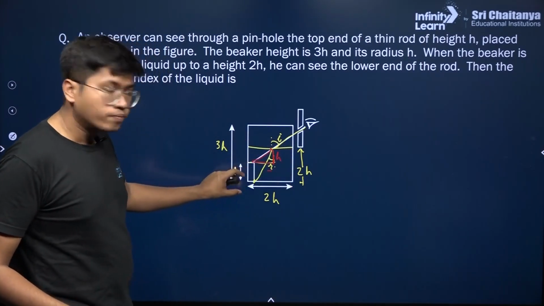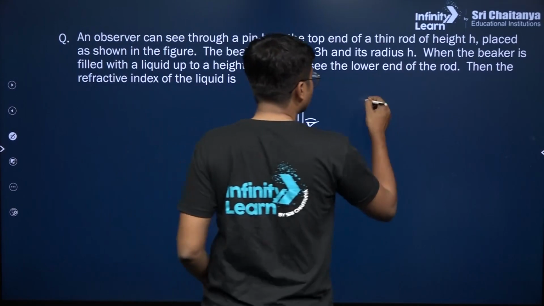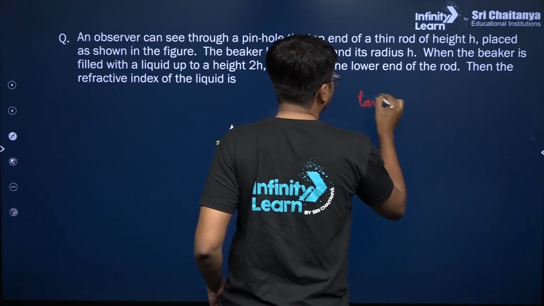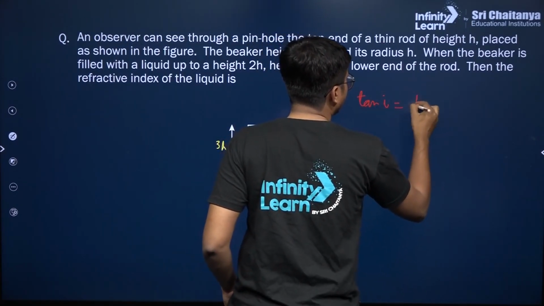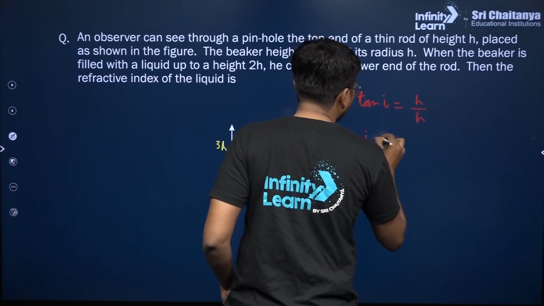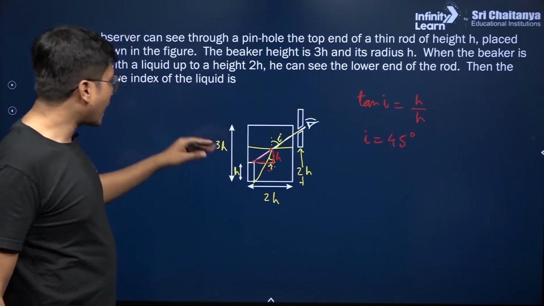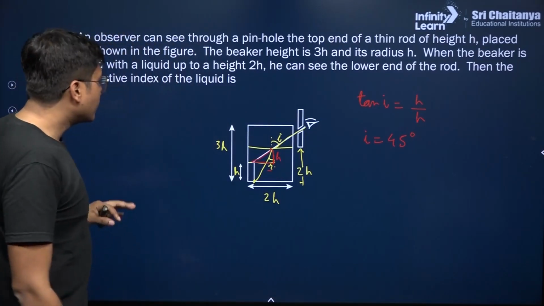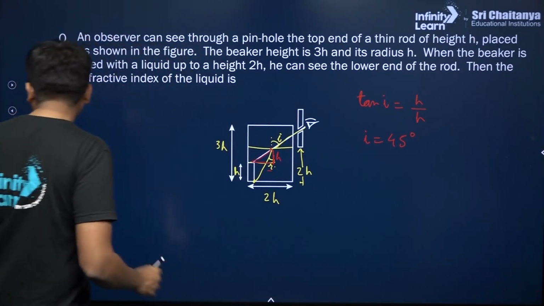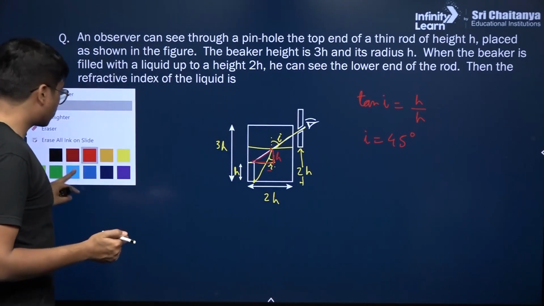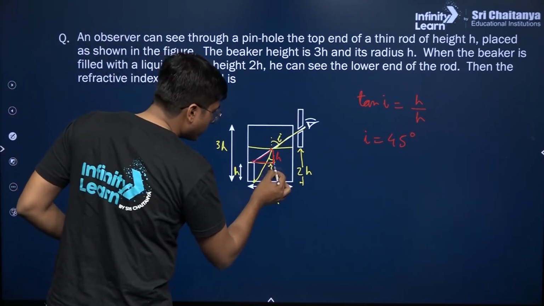This part was H. So we can find I because tan of I would be equal to H by H. So I would effectively be equal to 45 degrees. We have got the angle of incidence. Next we need the angle of refraction. Now for the angle of refraction, again let's use a different color, make it colorful here.